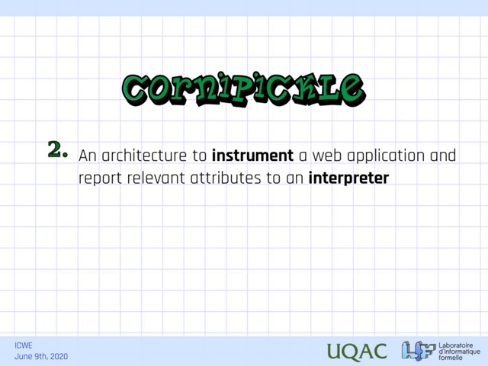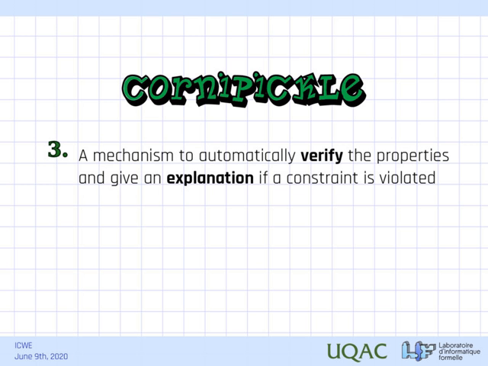The second component is an architecture to instrument a web application and report relevant attributes to an interpreter. This is the probe injected into the pages in the form of a snippet of JavaScript. Finally, the third component is an interpreter that can verify properties on snapshots provided by the probe and also explain why the properties are violated in the case this occurs.